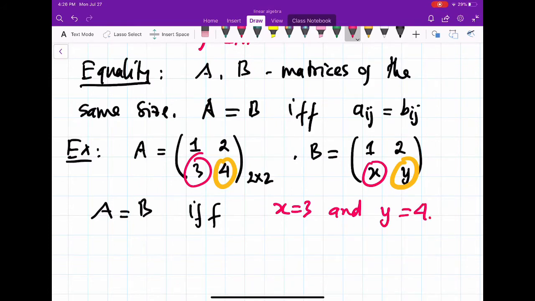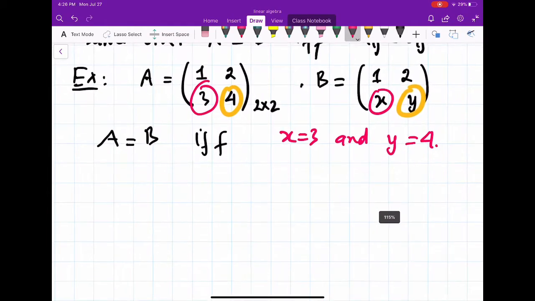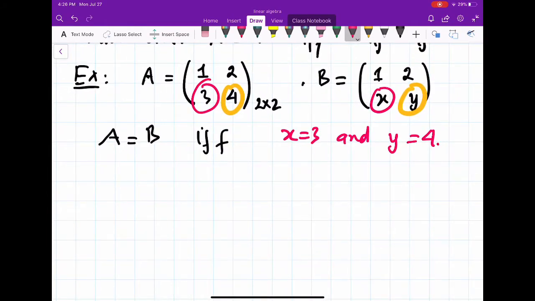So it's pretty easy. Okay, now let's talk about addition and subtraction. So let's take these two examples, A and B. Both have the same size, 2 by 2. So I might think about addition and subtraction.